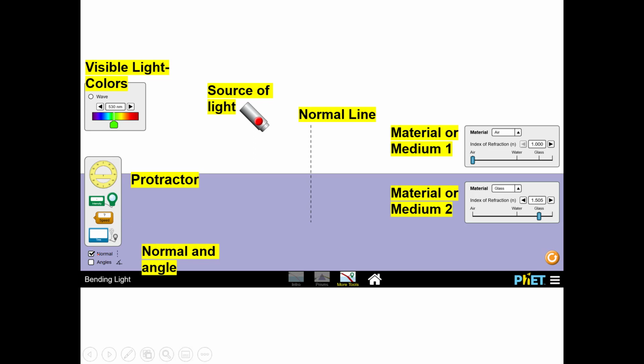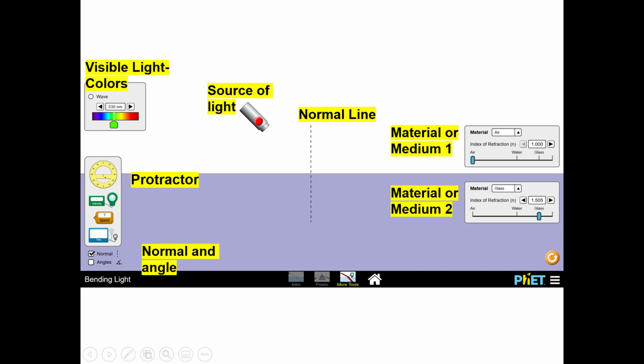Also, here there is an option: if you select the normal, it will show the normal line. You also have to select this one, and it will show the angles here. This is the source of light. You can choose any color you want.